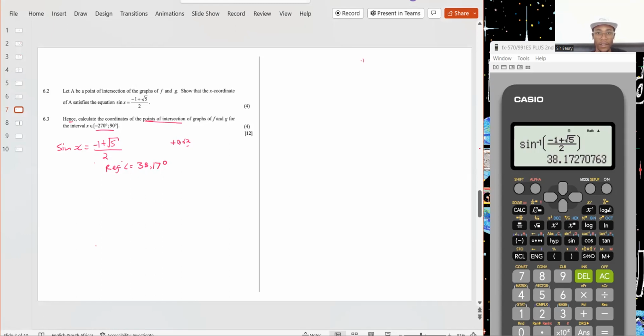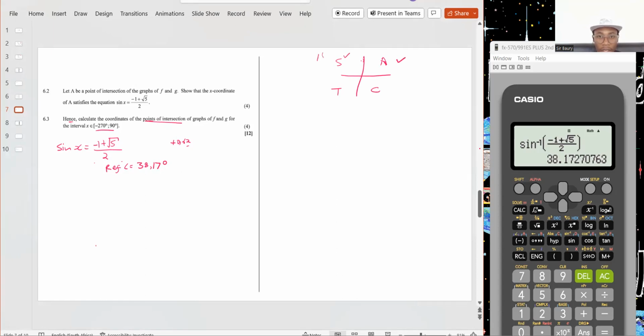So with the quadrants, remember the CAST diagram. I know you students and teachers complain about that acronym. Here, sine is positive on this side as well as this side.